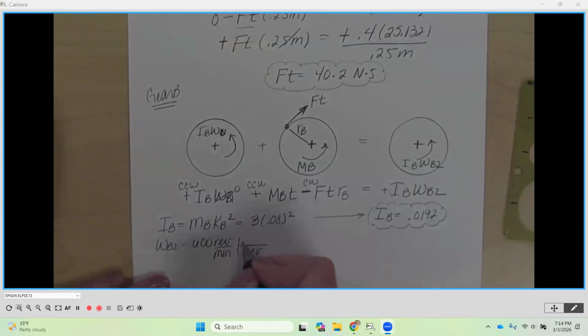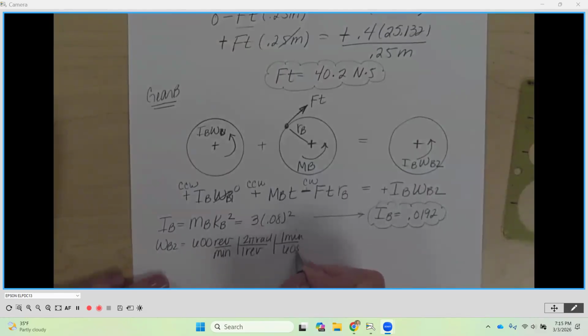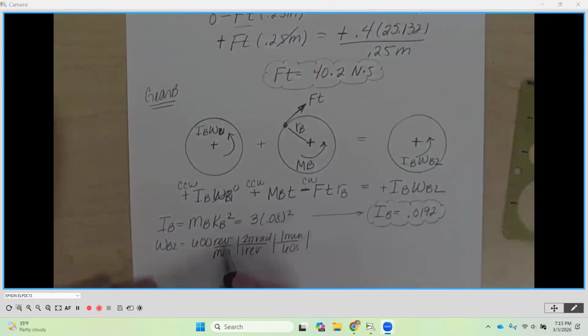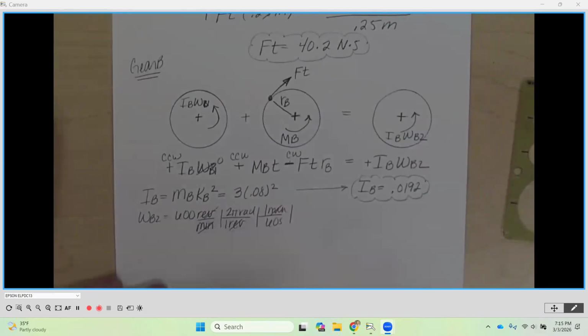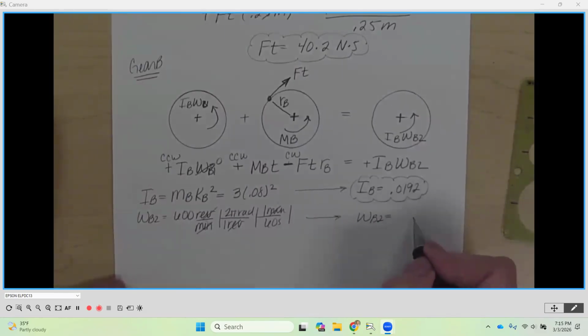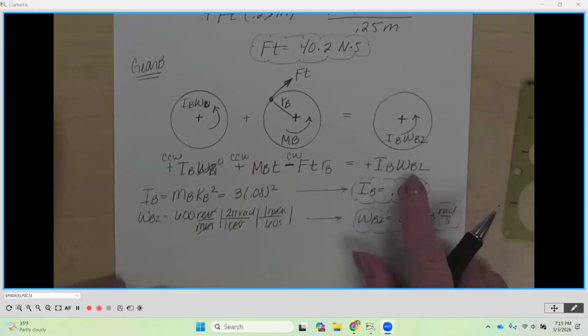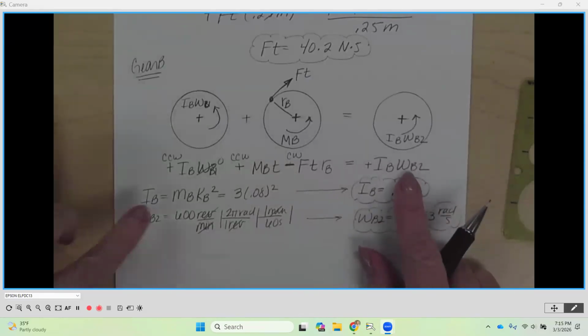So 1 revolution, 2 pi radians, 1 minute, 60 seconds. Minutes and revolutions cancel out. We have radians per second. So our WB2 is going to be 62.83 radians per second. So that'll be here. So we've got those guys.